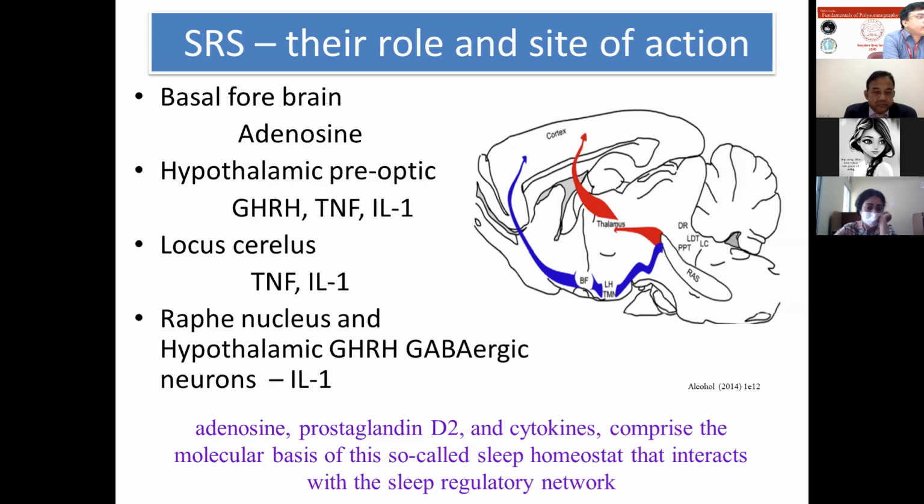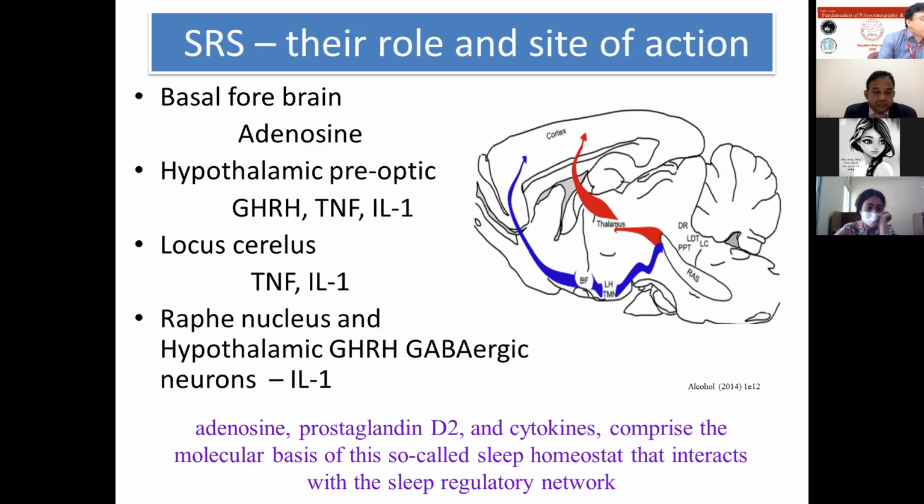The cytokines like tumor necrosis factor and interleukin 1 act in both the hypothalamic preoptic area and the locus coeruleus, where the locus coeruleus plays a very important role in both REM sleep and wake. GHRH plays an important role in the hypothalamic preoptic area. The raphe nucleus also plays a very important role with GHRH and interleukin 1.